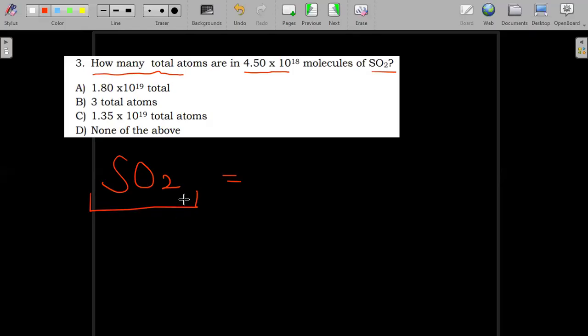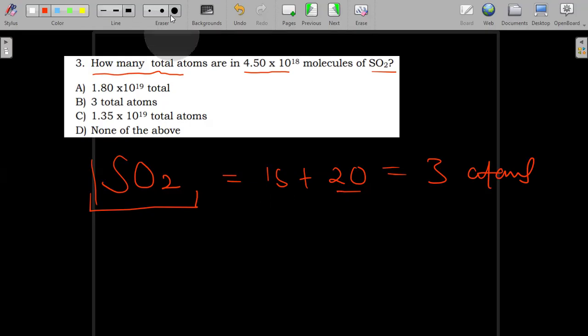You count all the individual atoms there. I have one sulfur plus two oxygen. So the number of atoms in just one molecule will be 3 atoms. We have one sulfur atom and two oxygen atoms. So that's the ratio that we are going to use here.